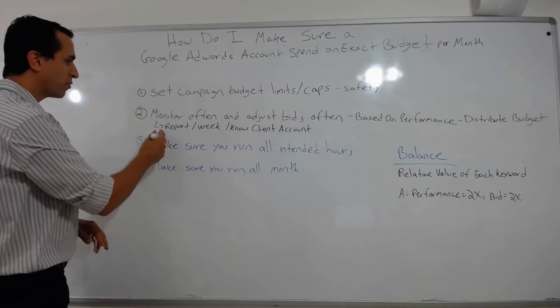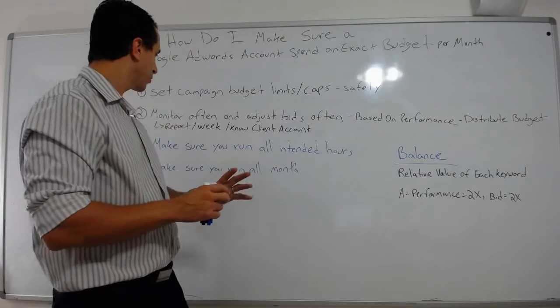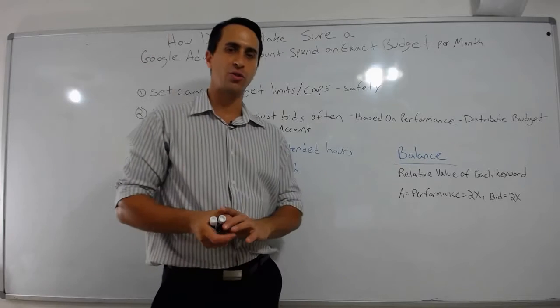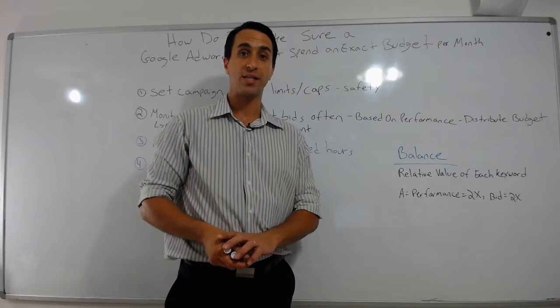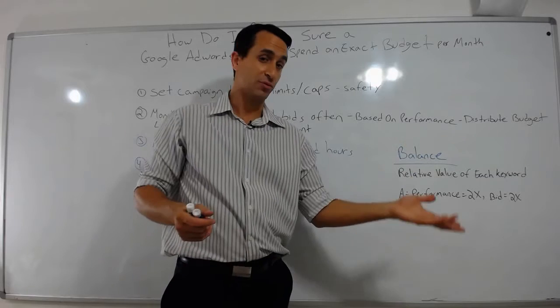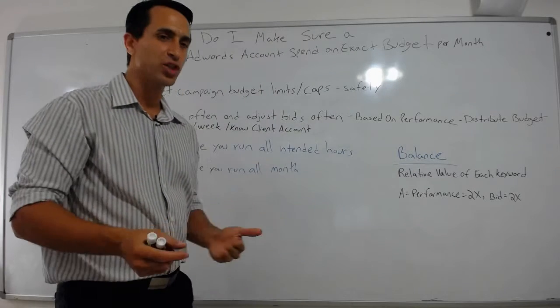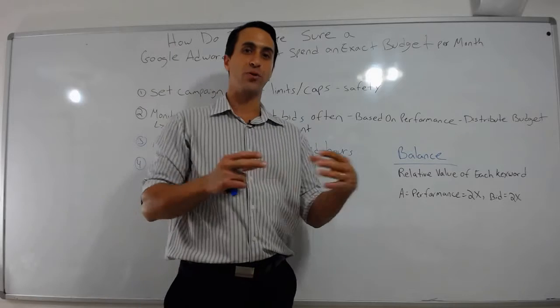So you want to run a report by week. As you're watching it, you're monitoring any extreme things, but monitoring on a weekly basis allows you to adjust for fluctuations of days of the week. If the weekends are stronger, or certain days like Monday, Tuesday, based on the client and the industry, you'll see different fluctuations, but usually you'll get a certain trend during a week.